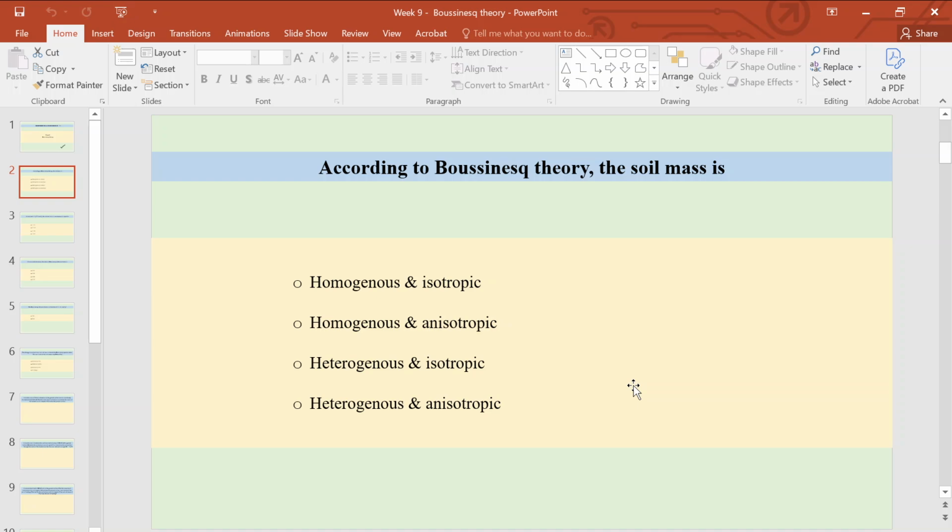Third option, heterogeneous and isotropic. And fourth option is heterogeneous and anisotropic. In the Boussinesq theory, as you might know, there are some assumptions to be considered. Which among these four options is an assumption in the Boussinesq theory with respect to the properties of soil mass?